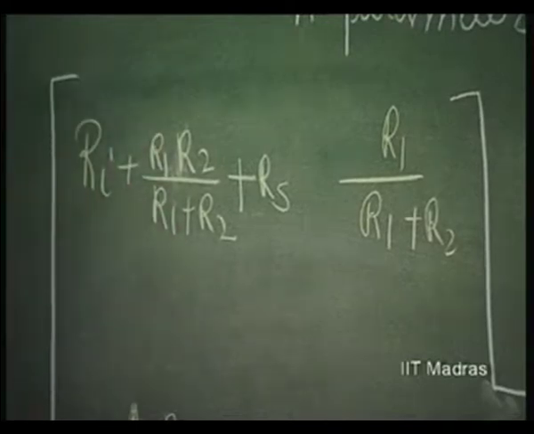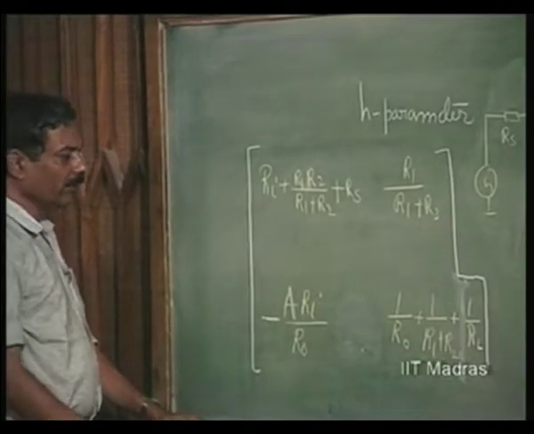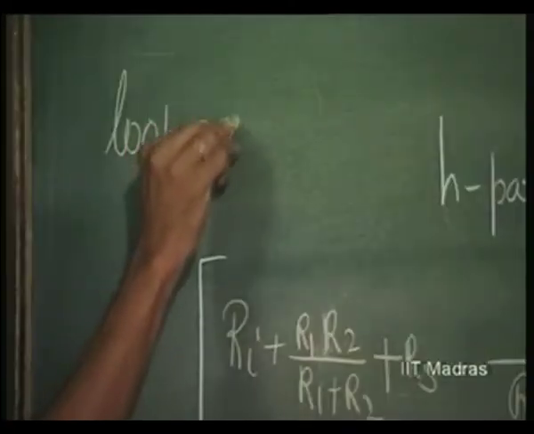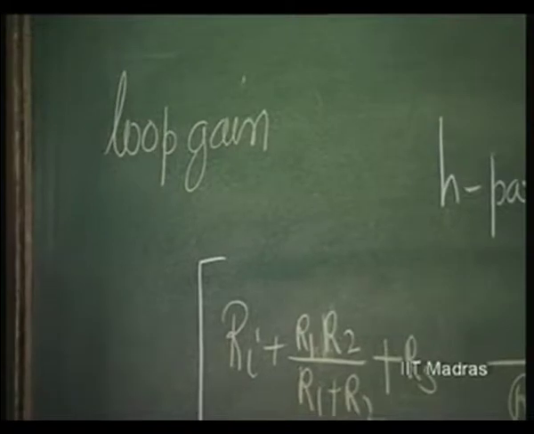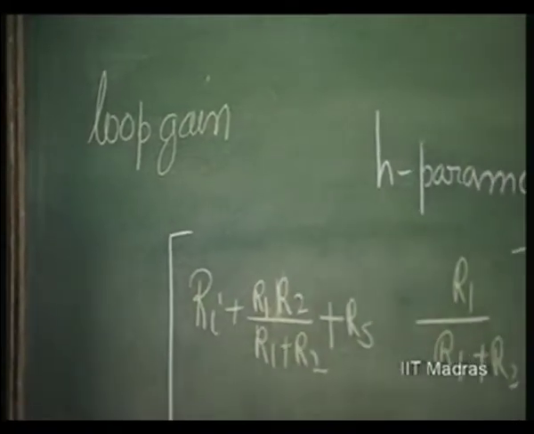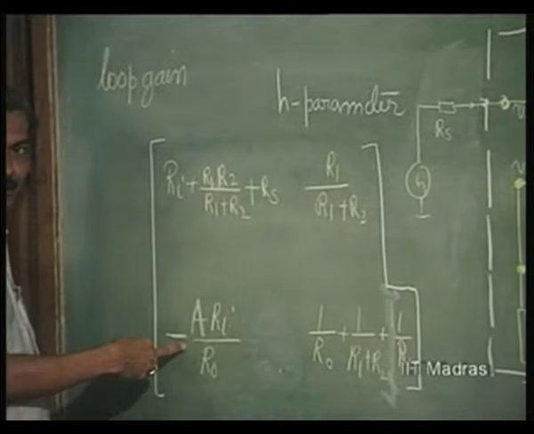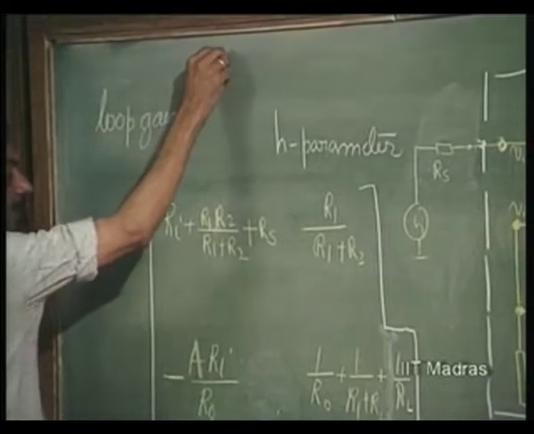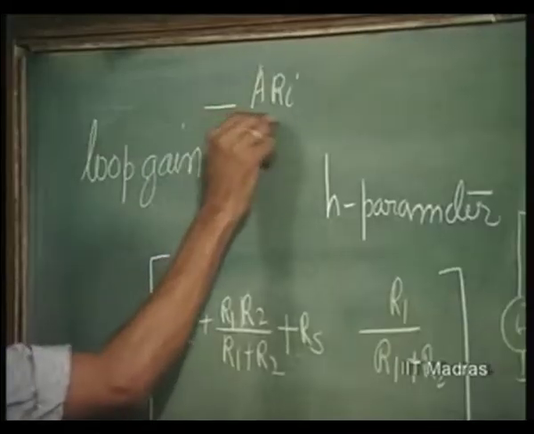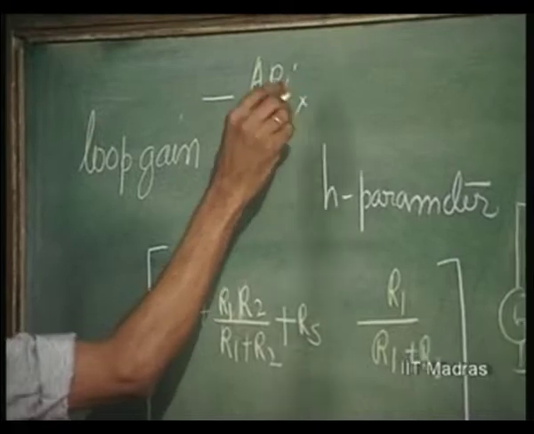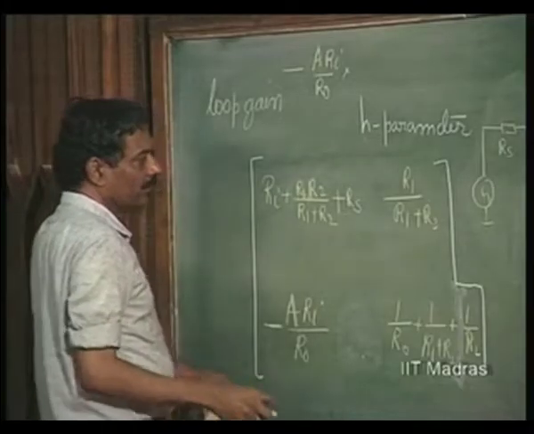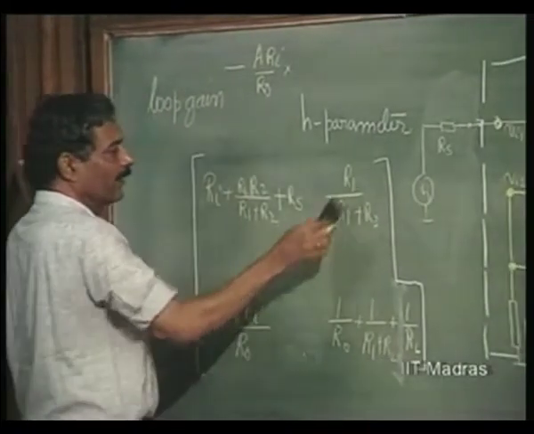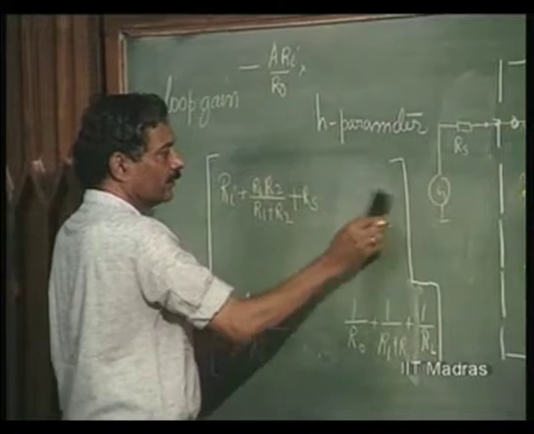So, now you can find out the loop gain. This is an important thing. This should be much greater than 1 and this should be negative for negative feedback, that you can verify. This is negative and this is positive. So, the loop gain is negative, A into Ri by R naught into, let us call this beta, because we have defined this R1 by R1 plus R2 as beta.